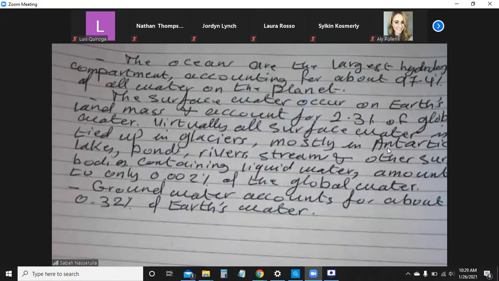Just to mention a few points here. Groundwater sometimes could be relatively shallow, but sometimes it could be very deep and sometimes even unapproachable.